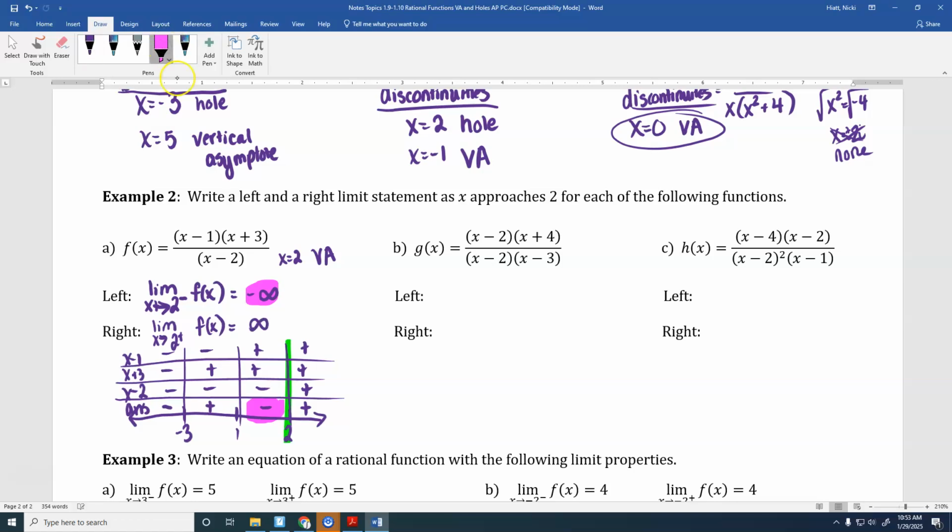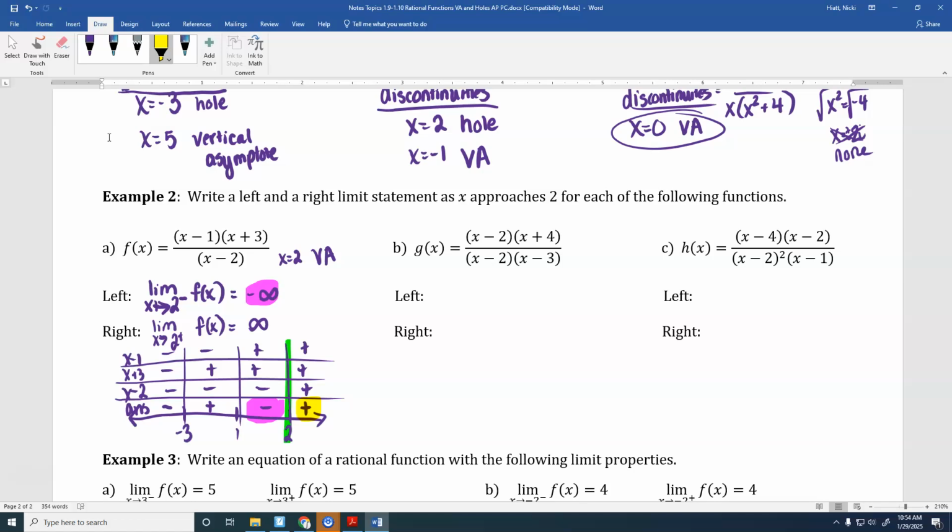And I'm getting that right here from that part of the sign chart. Yes? So if the right side is negative, it would be approaching negative. Correct. And you can have any combination. You can have both of them going down, both of them going up, or opposite directions.